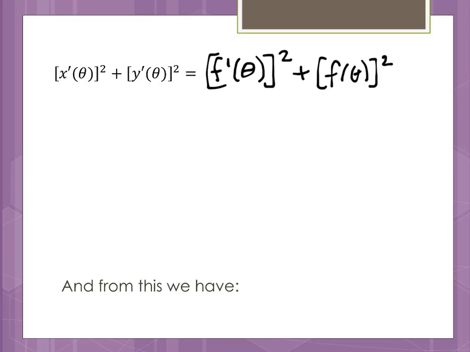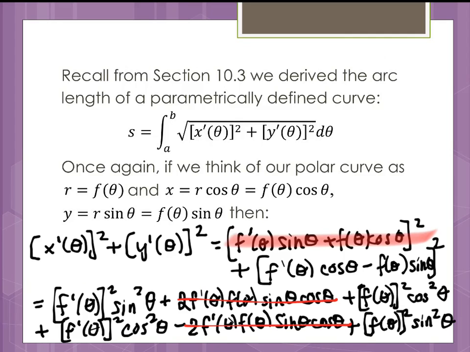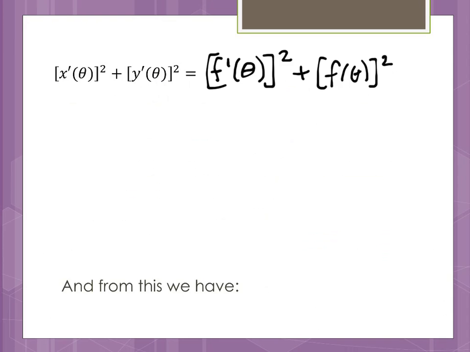I think I intended to do all that work on that slide, but that's okay. So the result of all of that is that that piece is what's going to go underneath this radical in place of the x prime of theta squared plus the y prime of theta squared. I'm going to have the derivative squared and the original function squared.